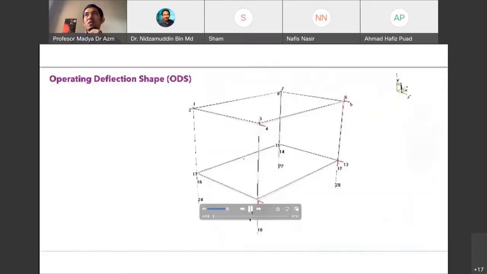The operating deflection shape is not telling us that's the problem, because if we have structural looseness, the points from 0.17 or 0.18 will be out of phase.